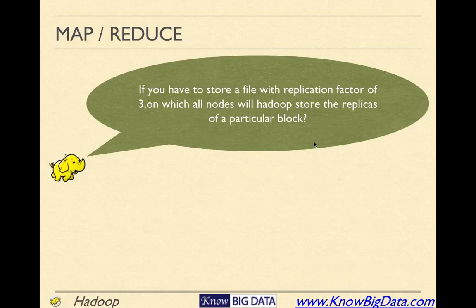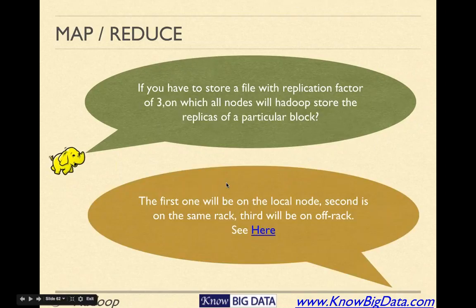Another important thing which we need to know is, if you have to store a file with the replication factor of 3, on which nodes will Hadoop store the replicas of a particular block? This is called data placement policy. Correct. So generally, the first one will be on the same machine on which we are doing Hadoop cp or Hadoop copyFromLocal.